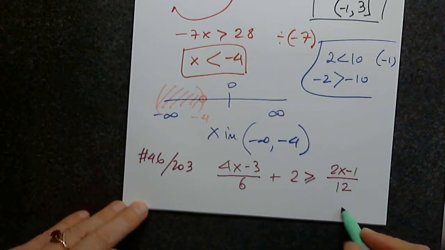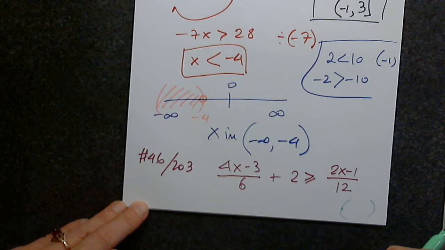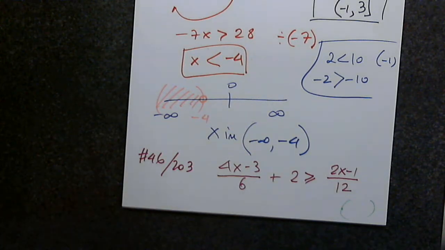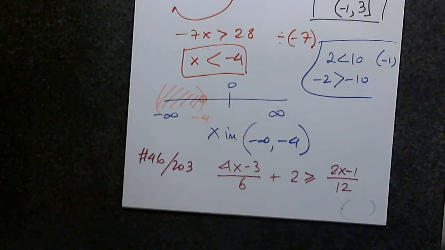So what will I multiply everything by? Not the greatest common factor, but the least common denominator. The least common denominator is the smallest number that is divisible by 6, by 1, and by 12.